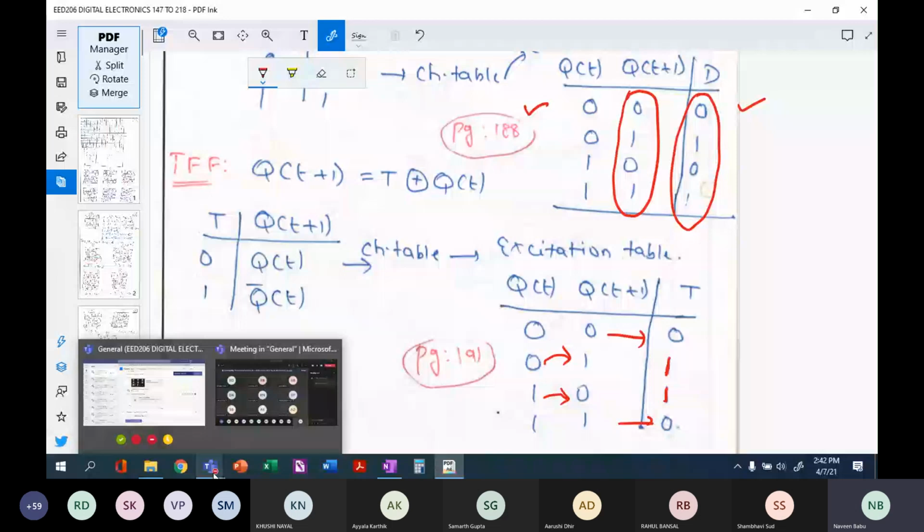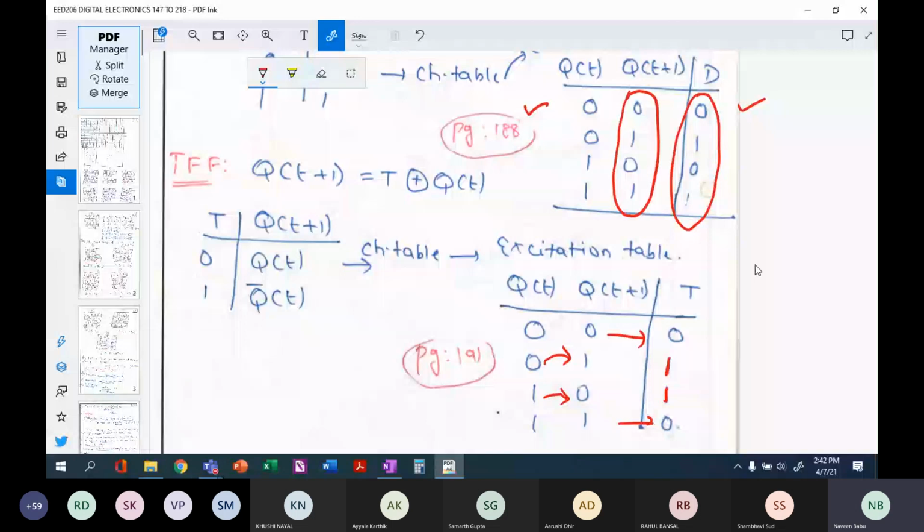So anybody, what is the excitation table, JK inputs for a present state, that is Q of t and Q of t plus 1? Just a simple quiz. When their inputs are 1 and 0, can you give me the J and K values?